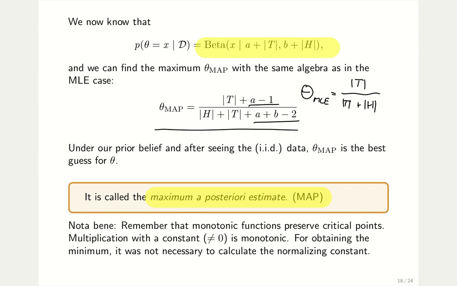On the other hand, for a fixed a and b, if I do sufficiently many coin flips, if I do 1,000,000 coin flips, then the effect of a and b is almost negligible, and I get very close to the maximum likelihood estimate. That's very intuitive, because in the low data regime, the prior prevents overfitting, whereas if I have a lot of reliable information from the random process, I don't really need the prior information anymore. I can get all of it from data. And that's a very convenient way the maximum a posteriori estimate works.